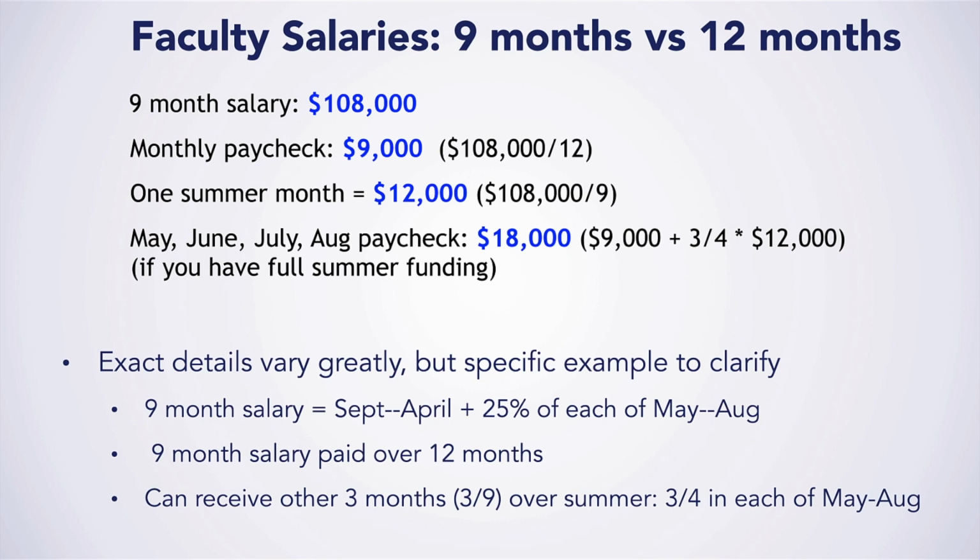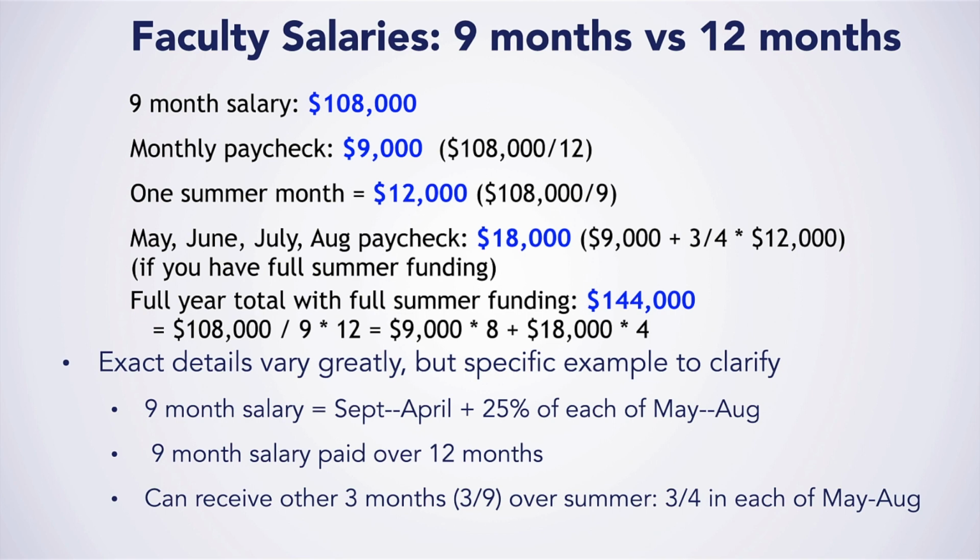In May, June, July, and August, if you have full summer funding, you can take 3/4 of that summer month, that is 3/4 of $12,000, and add it to your base $9,000 to get an $18,000 paycheck. This is a lot bigger than your normal paycheck and reflects that summer funding. Note that this means that if you have a full year with full summer funding, you get $144,000.